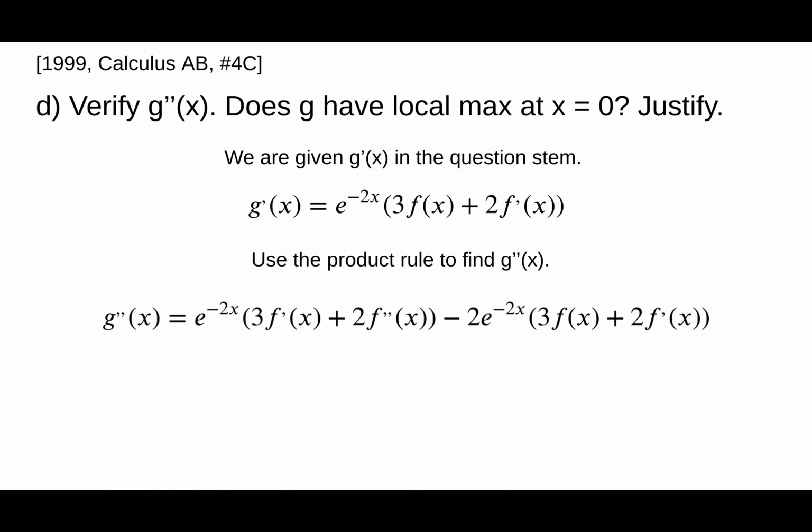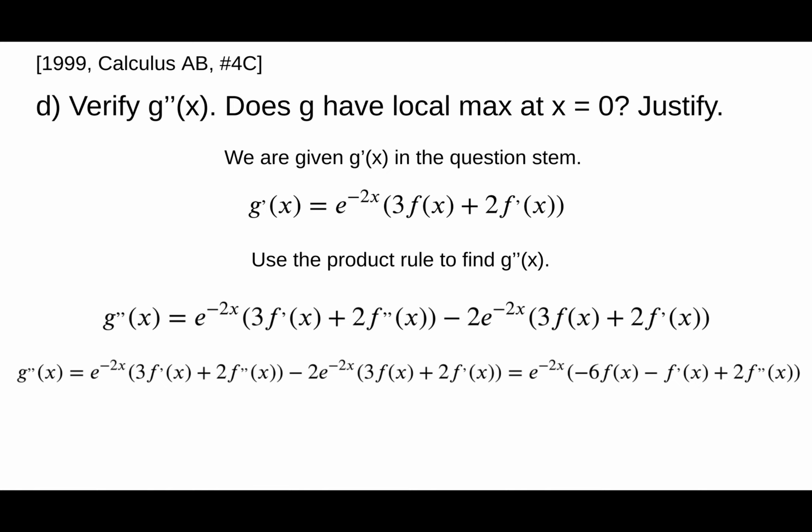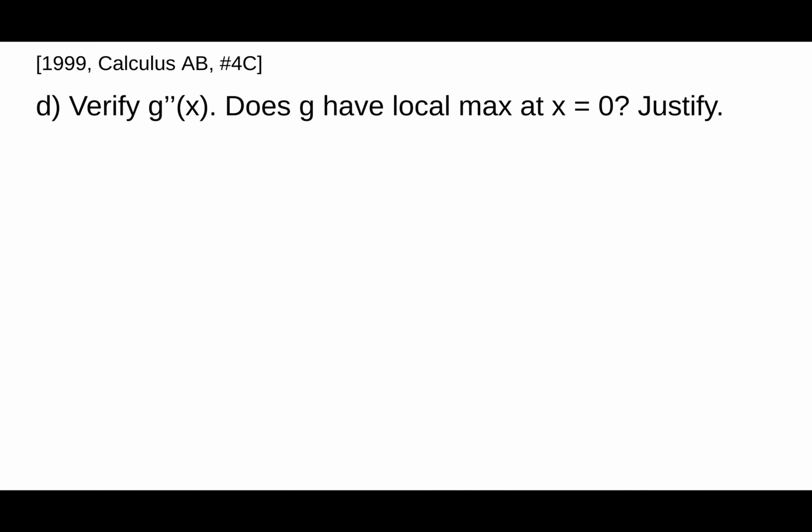It looks a little more complicated than Algebra 1 level combining like terms, but that's really all it is. So we multiply all this out, we see what we get, and yes, it does in fact equal e to the negative 2x times negative 6 f of x minus f prime of x plus 2f double prime of x.